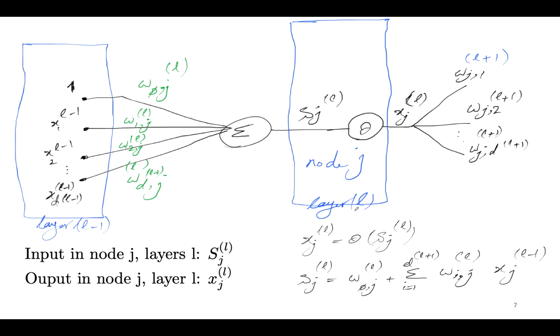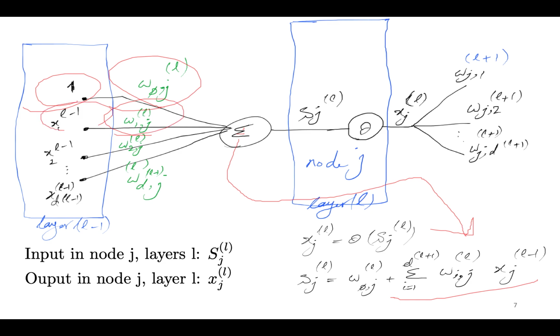So if you want to expand on Sj of L, it's going to be equal to the bias term W0 and J of L plus the summation of all the weights from I to D L plus 1, right? All those Wi and J of L multiply their input, right? So this with this, okay? So you multiply this with this, and all the different combinations if they are available, okay?